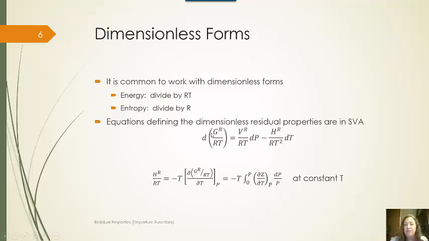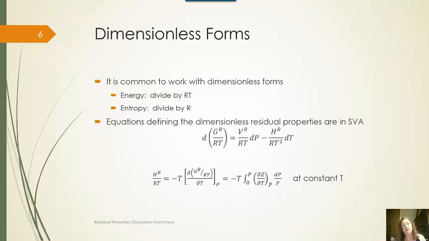So Gibbs energy. Now Gibbs energy still seems probably a little strange. We're going to use this again really heavily in Module 14 when we look at fugacity. But Gibbs energy is an energy form, so divide by RT to make it dimensionless. And I can use just simply the fundamental relation, VdP minus HdT.